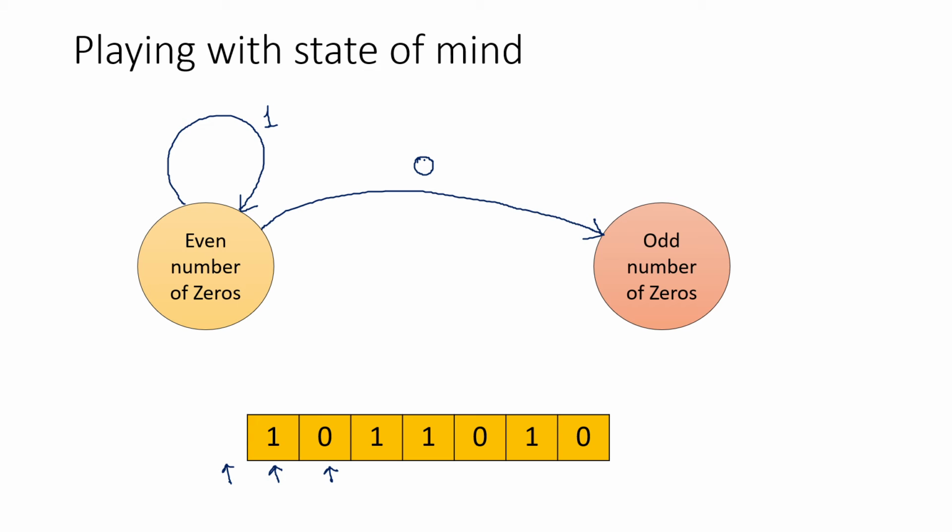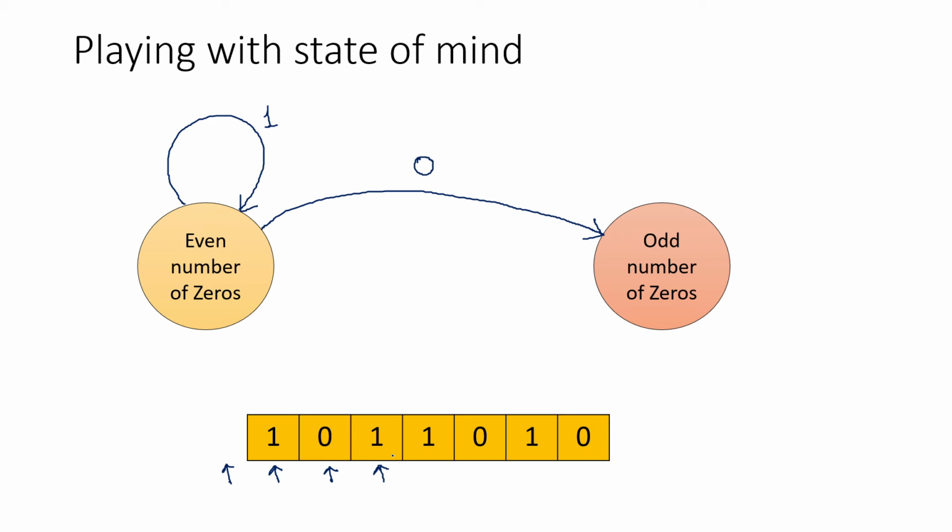Now, after coming here, due to this zero your state of mind changed from even to odd, and then your read head will move towards the right once. So your read head will point somewhere here, and reading this one does not change your current state of mind.